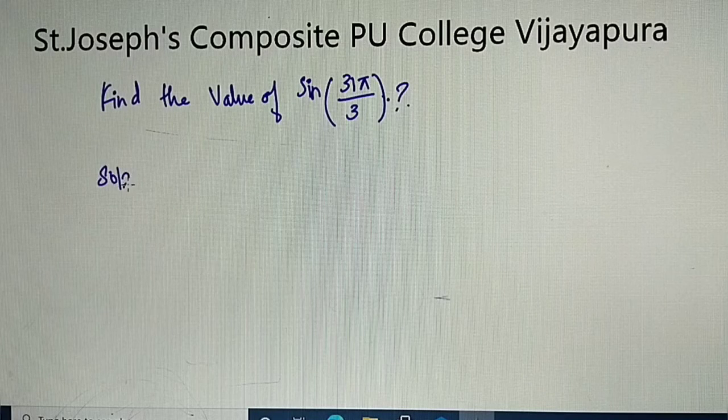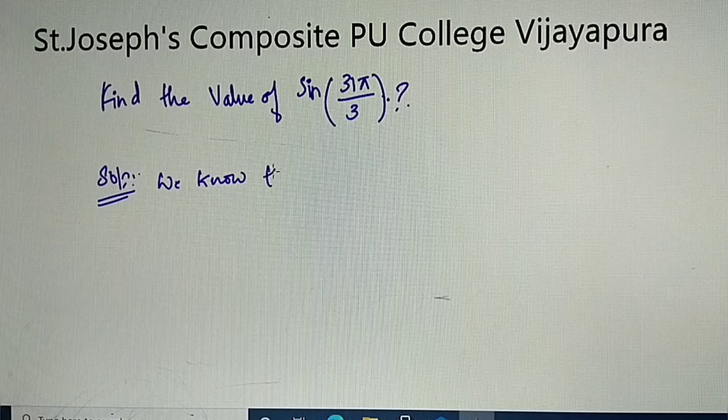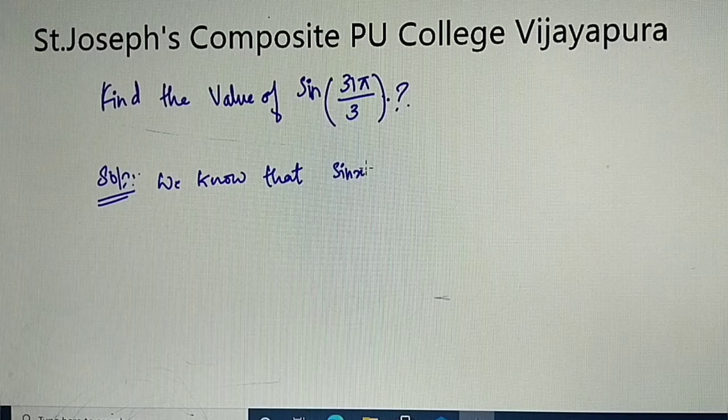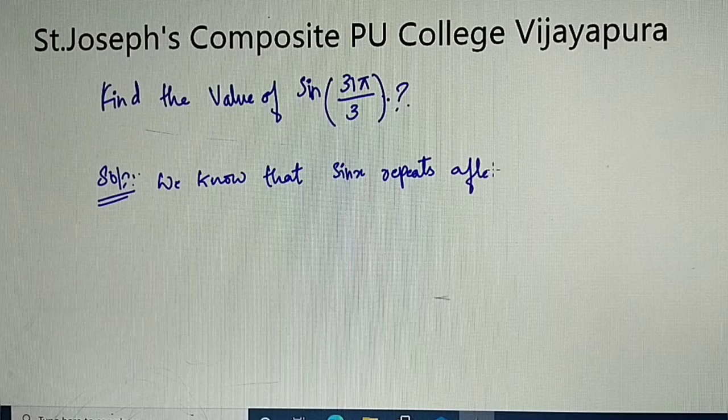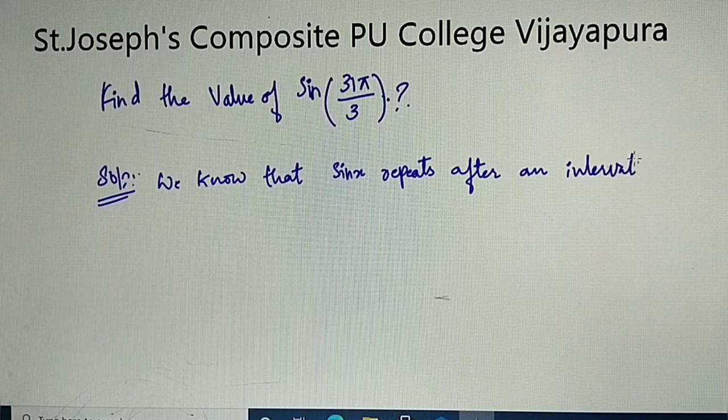So look at the solution. We know that the sine function and cos function, that is sin x and cos x, repeat after an interval of 2 pi.